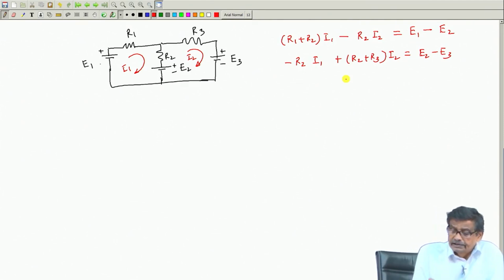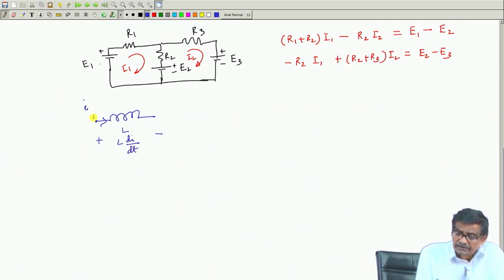The idea is that, recall that in an inductor, if this is the current and this is the value of L, then the voltage across the inductance, with this side plus and this side minus, is L di/dt.